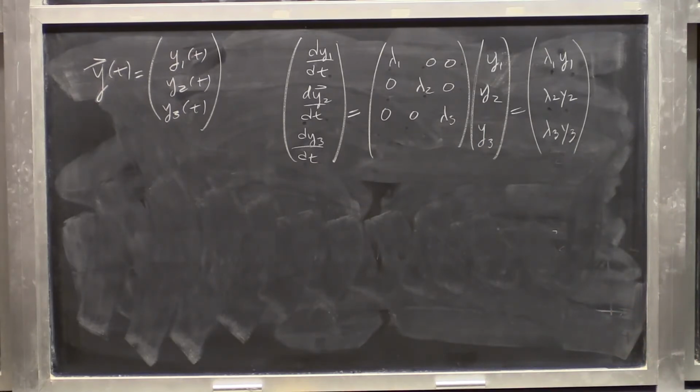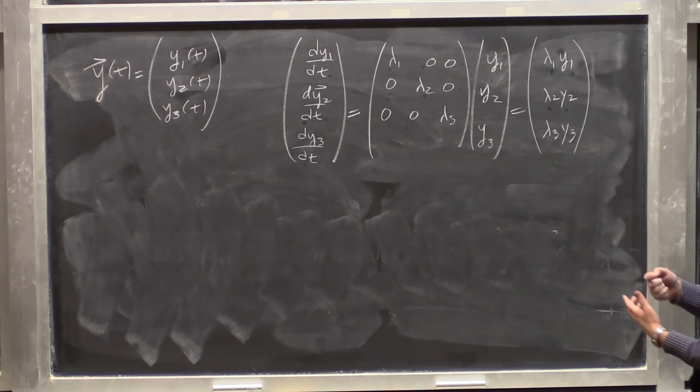When we were talking about these mixing problems, the rate with which the coffee in the kitchen changed depended on the amount of coffee in the kitchen and the amount of coffee in the lounge. And the rate with which the coffee in the lounge changed depended on the amount of coffee in the kitchen and the amount of coffee in the lounge.